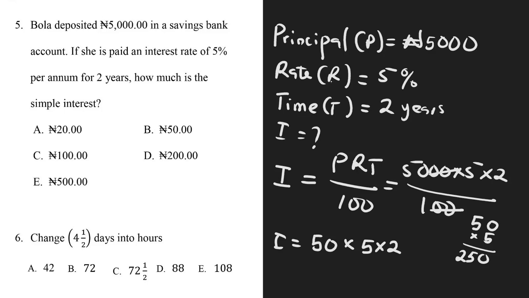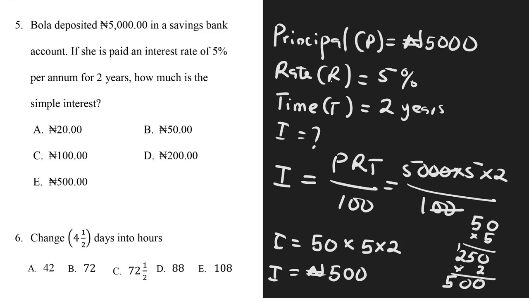So times 2, multiply by 2. So 0 times 2 is 0. 2 times 5 is 10, so put 0, carry 1. Then 2 times 2 is 4, plus this one is 5. So our answer is what? 500. So the simple interest is equals to 500 naira.